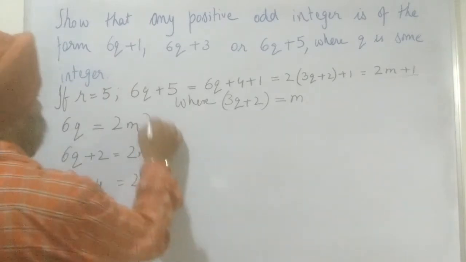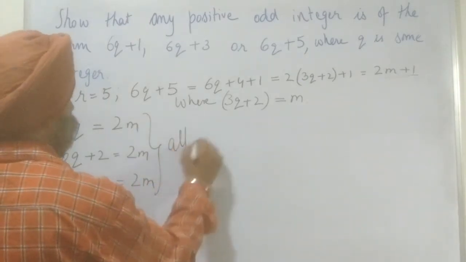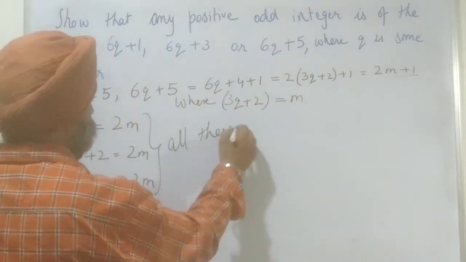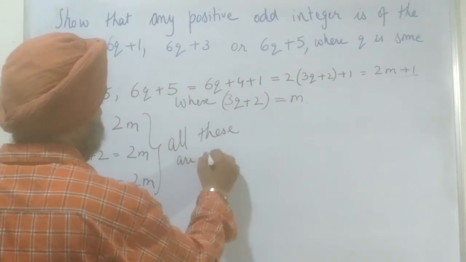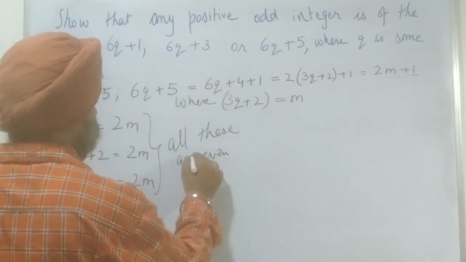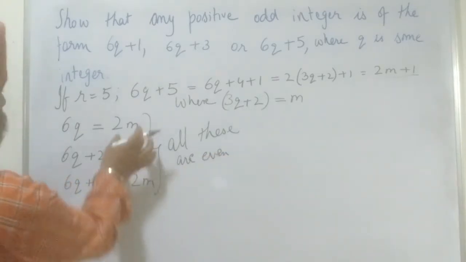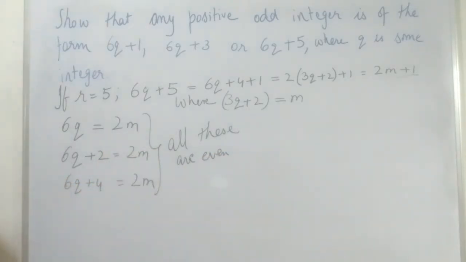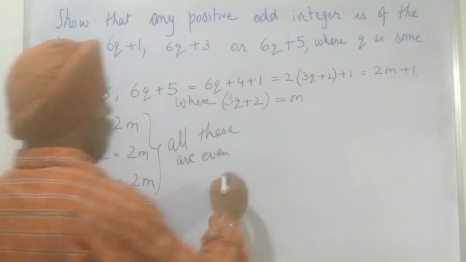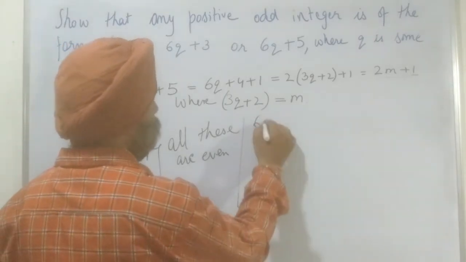So all these are even, right? All these are even. Now how are these even? Because they are the multiples of 2.